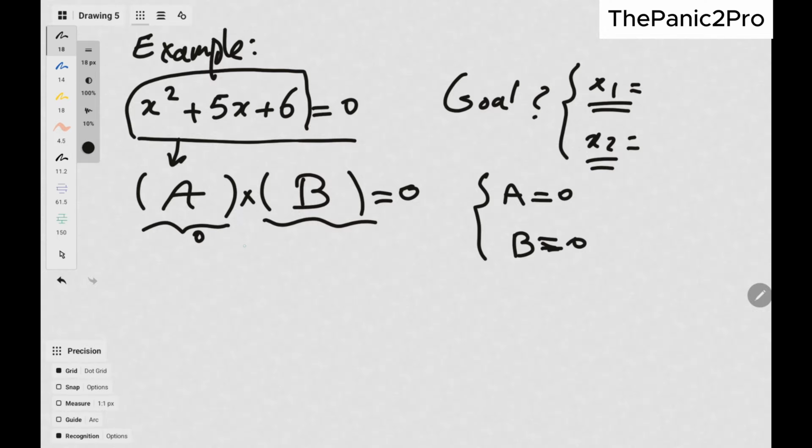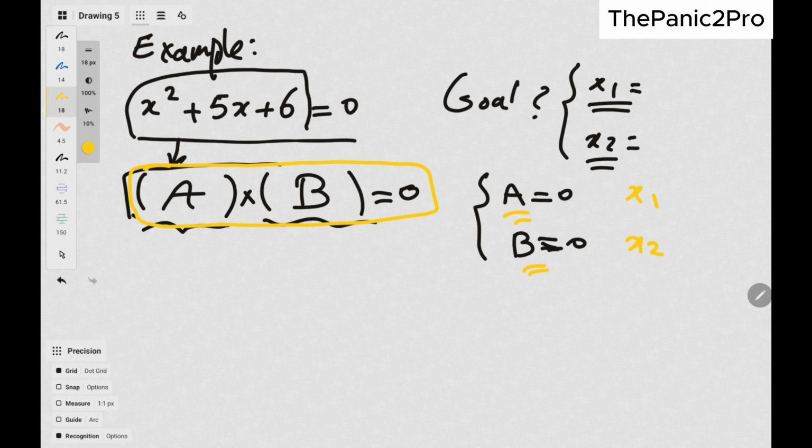Because if a is 0, whatever b could be, even 1,000, I get 0, because 0 times whatever is 0. On the other hand, if b is 0 and a is anything, like 2,000, again I get 0. So the goal is, if I can figure out an expression like this and find a and b, I can get to the roots x1 and x2.